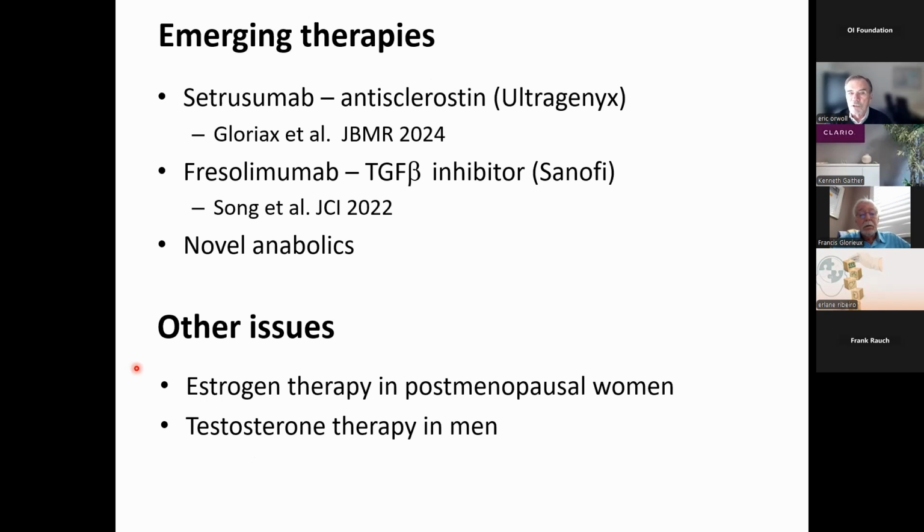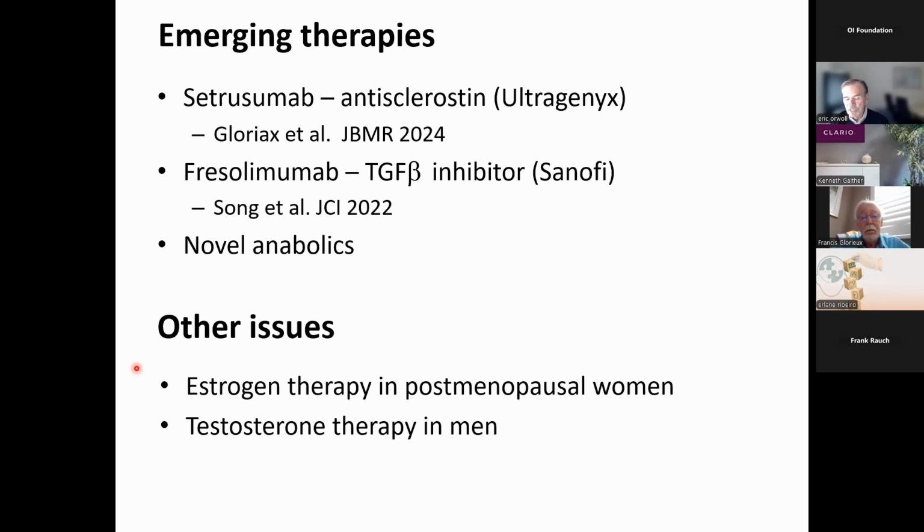And finally, a word about emerging therapies. We've talked about setrusumab. Very nice results were recently published with that drug, and we're looking forward to the hope that it will be approved. There's another drug called fragility, which is a TGF-beta inhibitor.